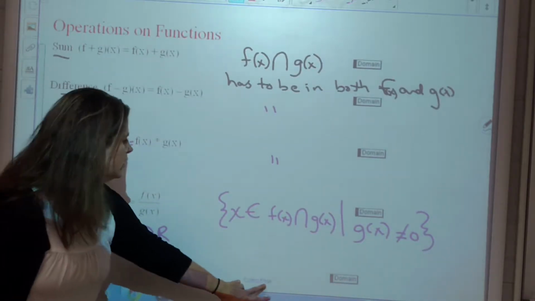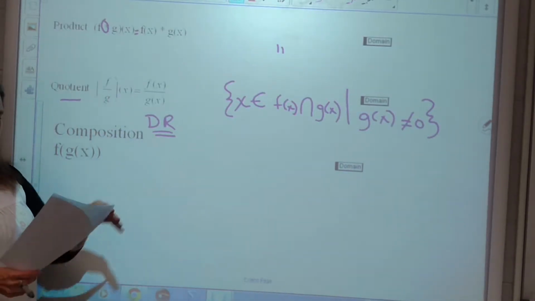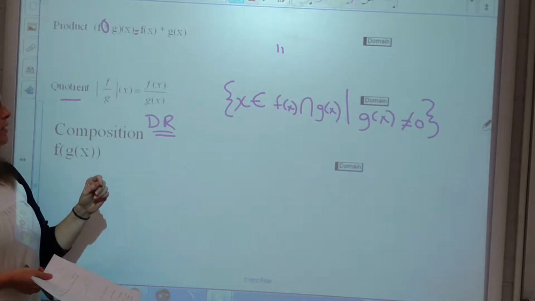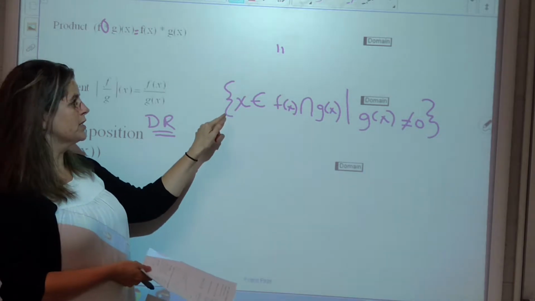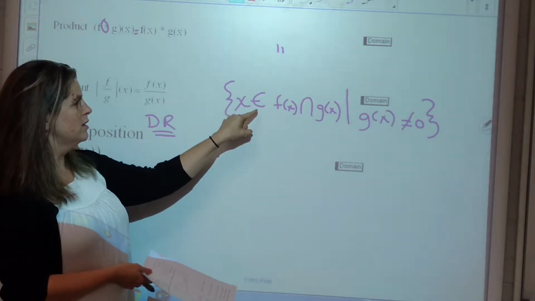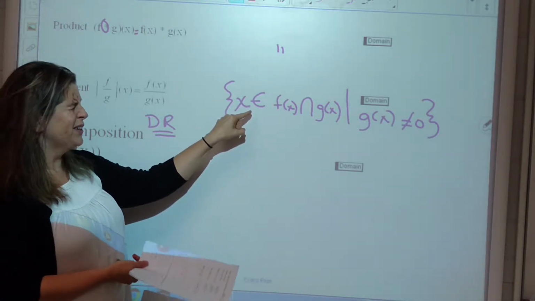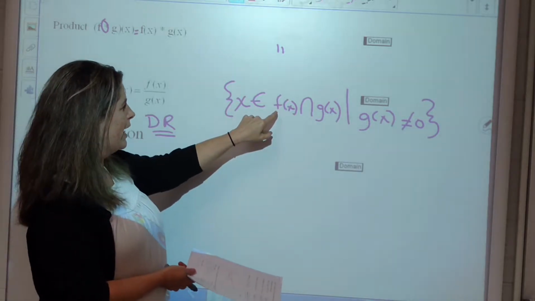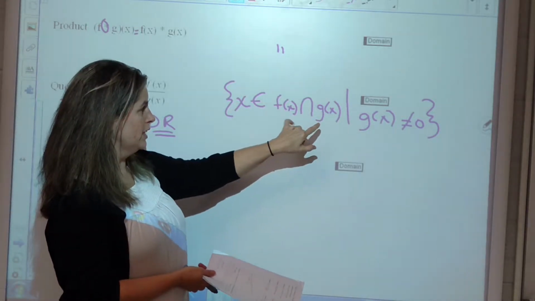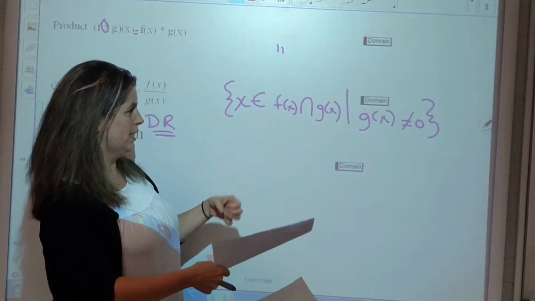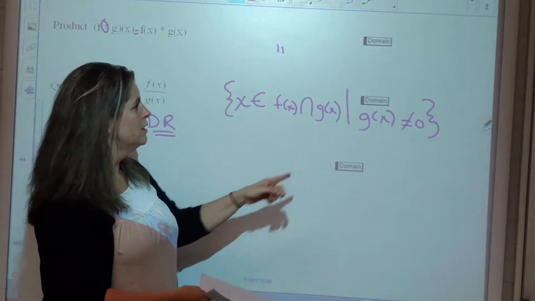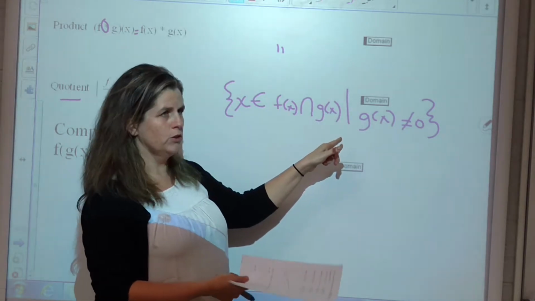For a quotient, it is a little bit different. What this means here is it's the set of all the x's. So we have a brace for set and all the x's such that, or where sometimes, f of x intersects g of x. So it's the intersection just like above. It's the set of all the points that have to be in both f and g, where there are some restrictions.